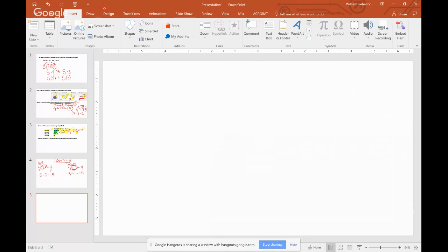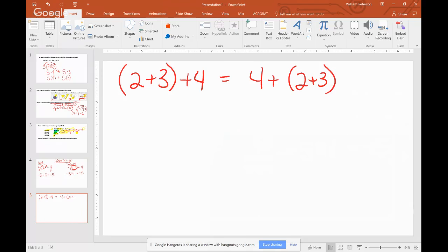So the difference between commutative and associative. Say I have a problem like this: 2 plus 3 plus 4 is equal to 4 plus 2 plus 3. With the commutative property, you notice that what's inside the parentheses doesn't change, but the quantity 2 plus 3 and the 4 switch order.